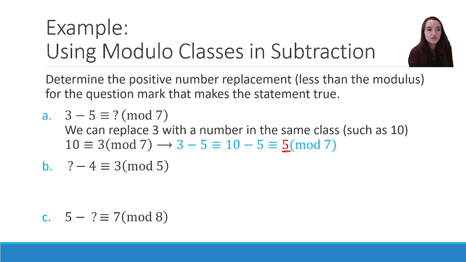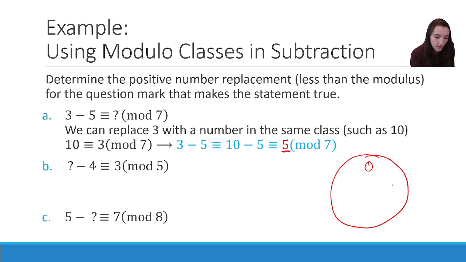But what if I wanted to do this in a more visual fashion? I can draw a clock, right? And I will put up to the mod, but not including the mod, numbers 1, 2, 3, 4, 5, and 6, no 7s. Now I start at 3, and I subtract 5. Subtracting just means moving counterclockwise.